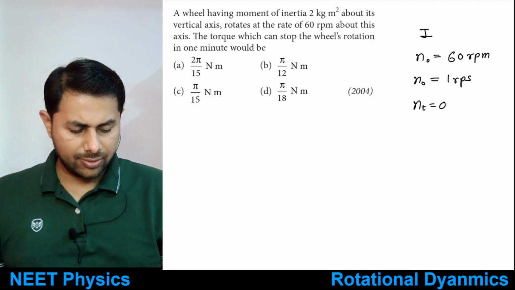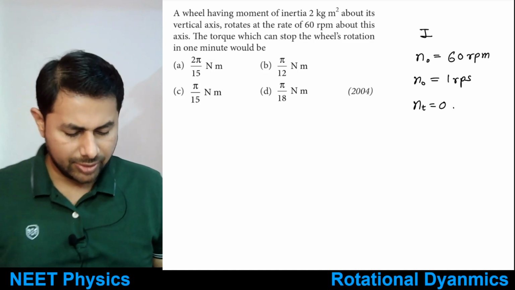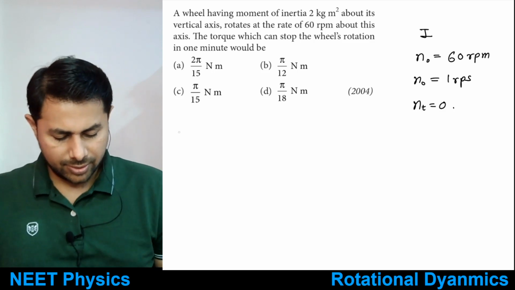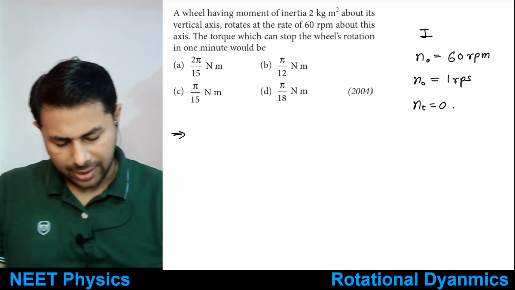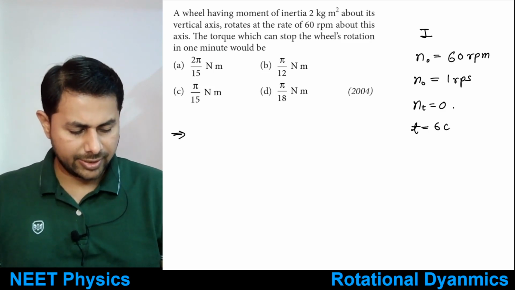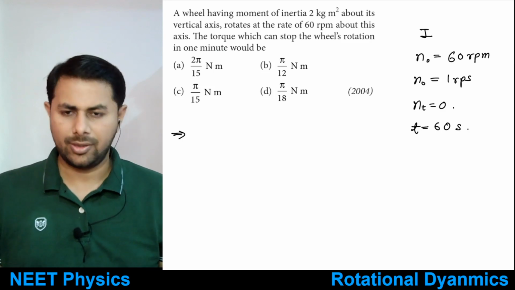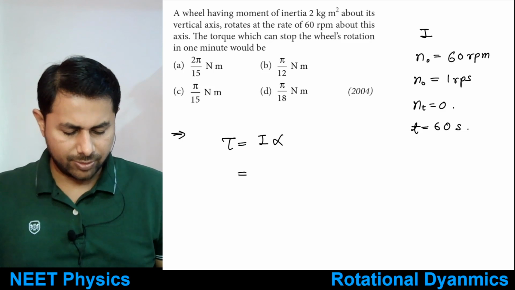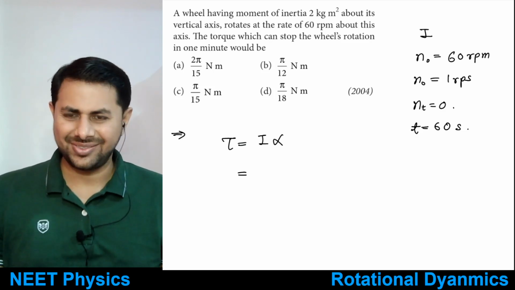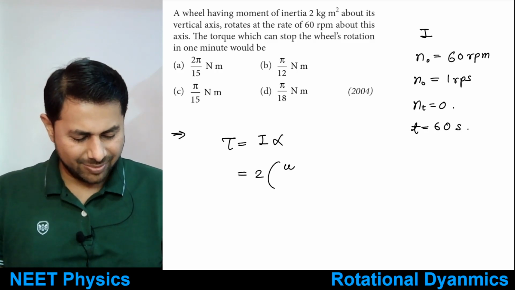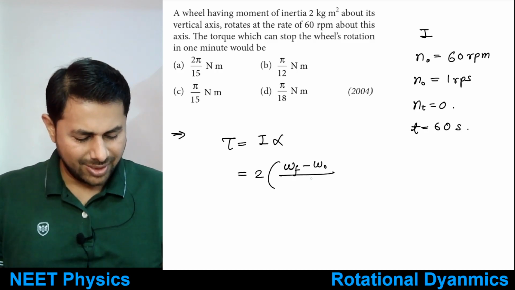And nt is equal to 0. Final frequency is equal to 0. It stops, means the final frequency would be equal to 0. So you want to find out the torque. In 1 minute, time is equal to 60 seconds, right? So we know tau is equal to I times alpha, just put the values. I is 2, multiplied by alpha, which is omega f minus omega naught divided by time.